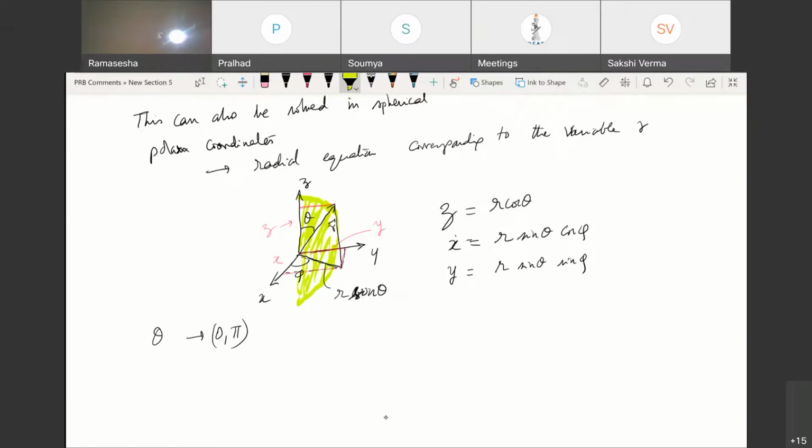Now what you do is rotate this around the z-axis, like this.